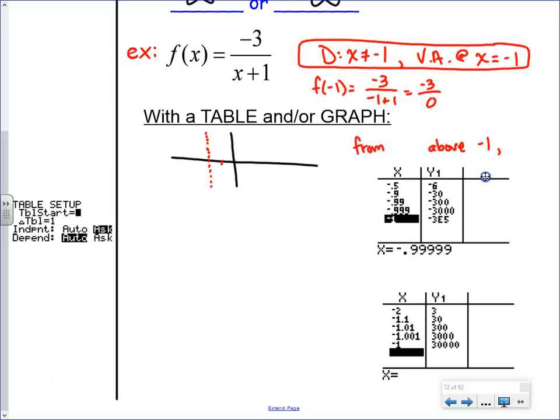Don't say smaller. I kind of like what you're seeing, but they're not getting smaller in number. They're getting lower. Where are they approaching? -infinity. Why? It's just getting more negative and more negative and more negative, etc.